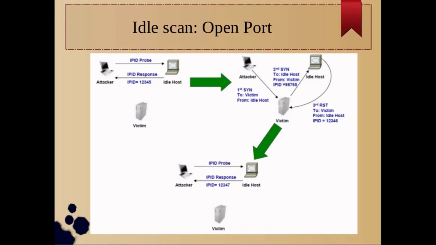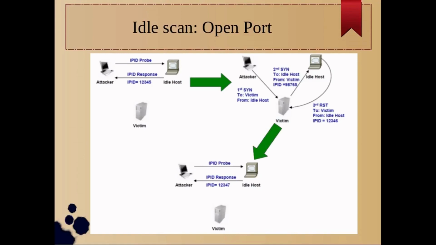It hacks the identity of the idle host and represents itself as the idle host, but it's the attacker. The victim receives the packet and checks the address. It's from the idle host. It responds to the idle host, and then the idle host responds to the victim with a reset: I didn't send you any packet. It was from the attacker.